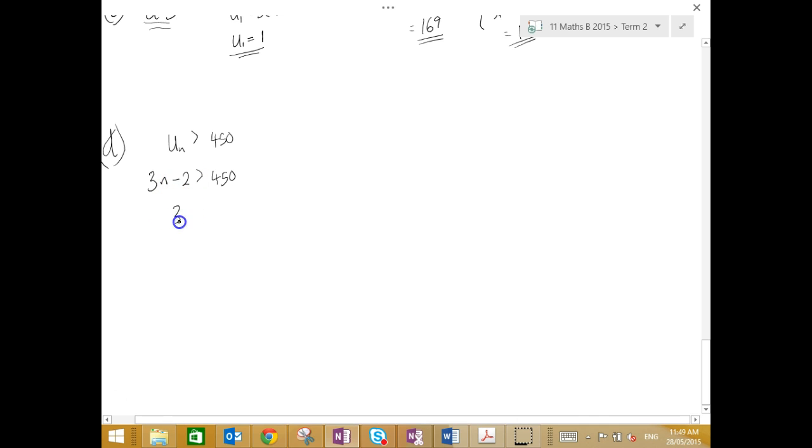So I add 2 to each side, so I've got to find 3n is greater than 452. So n needs to be greater than 452 over 3, which, if you want to write that, n needs to be greater than 150 and 2/3.